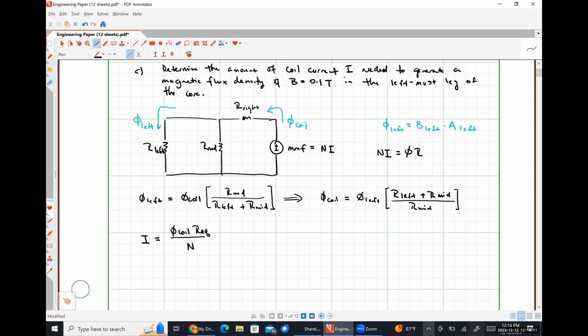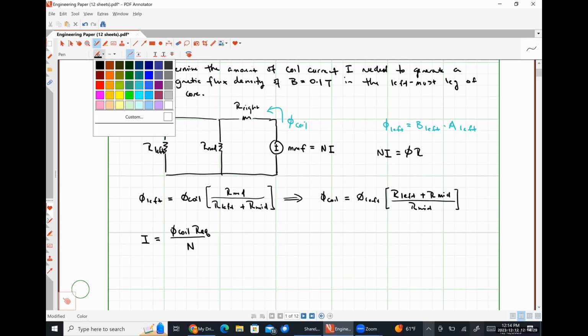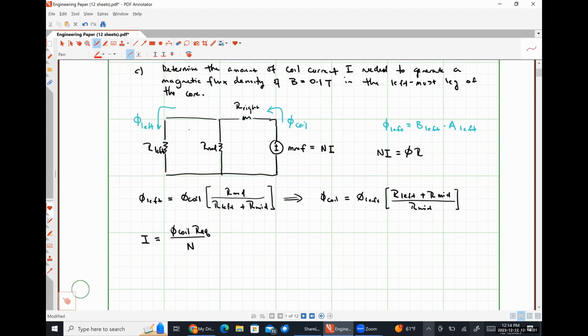So that's one of a couple of different ways I can think of in order for you guys to get the coil current. To me, that's probably the most efficient way, but it may not be the most straightforward way to do it. Another way that you could potentially do things, and I'm not going to go into super detail here, is you also use voltage division to find this MMF.